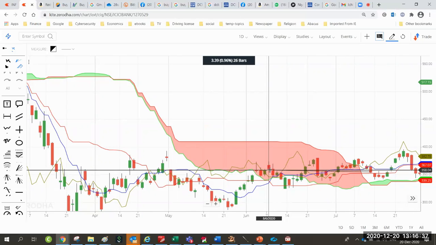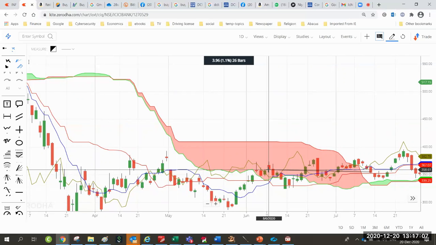On 8th June, you can see there is a twist, and the future cloud is a bullish cloud. So there is a bullish cloud decision, but the investor will not do anything because the price has not pierced on 8th June, so the action will typically be to hold the stocks.